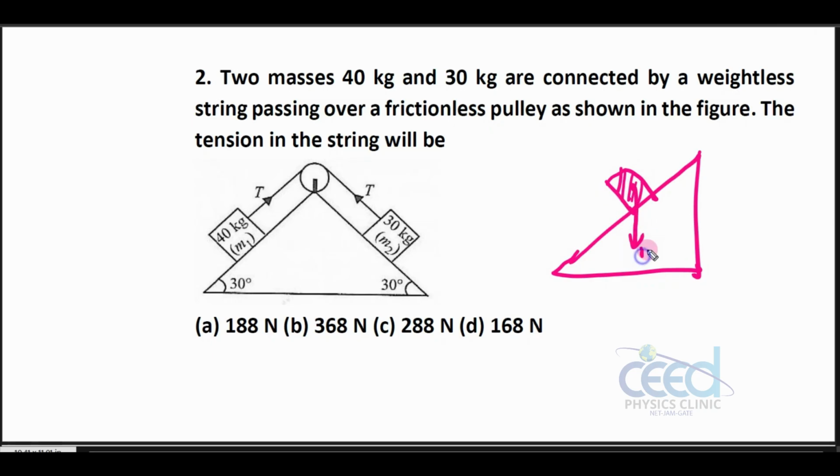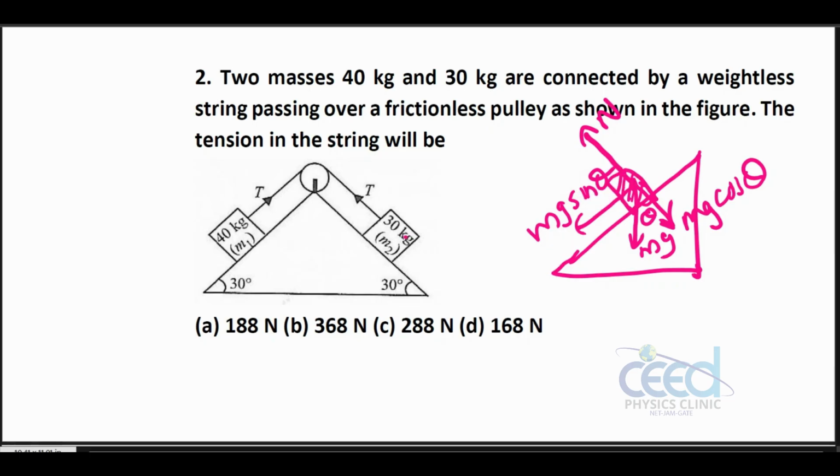Here mg downward, then which component is in this direction? This is theta, this is mg sin theta, and mg cos theta will cancel with the normal reaction, and because of the sine component mg sin theta, this block comes down, right?